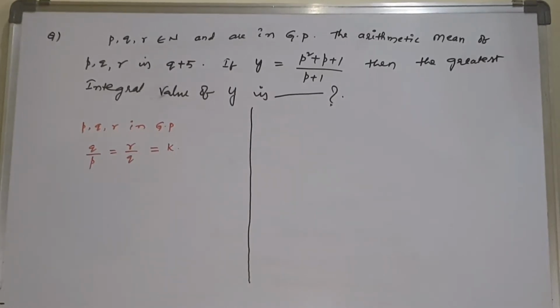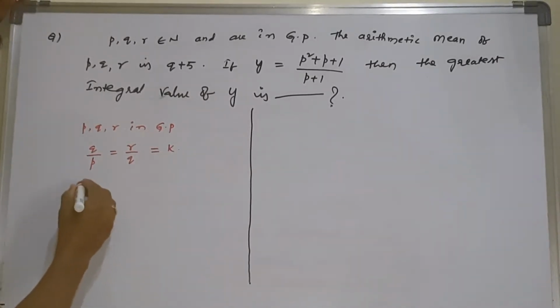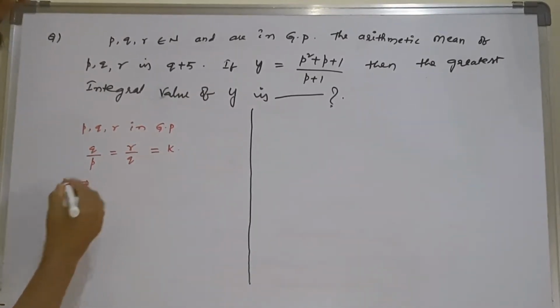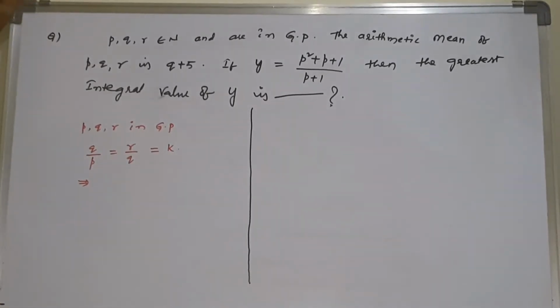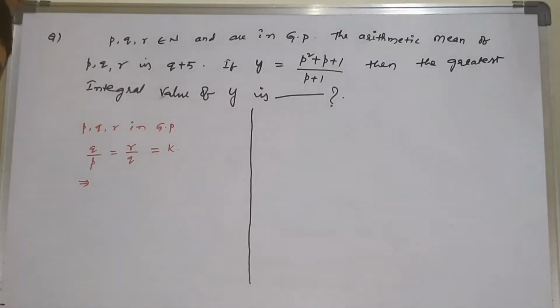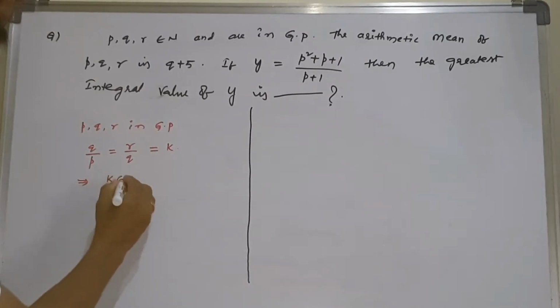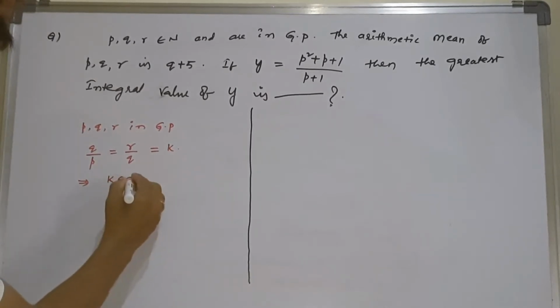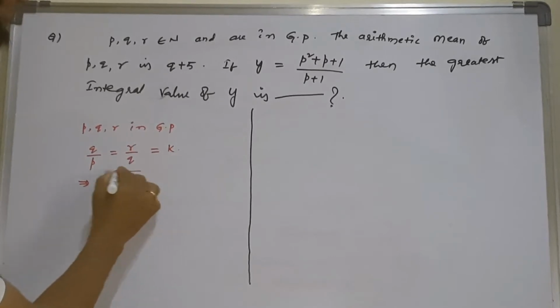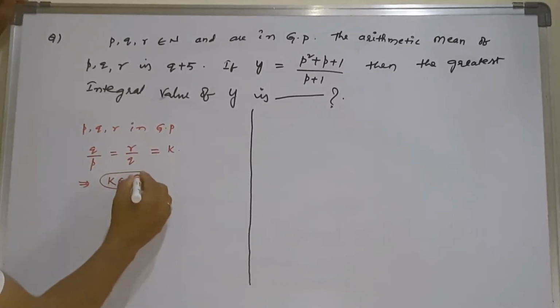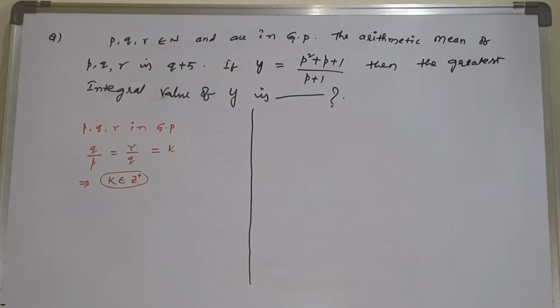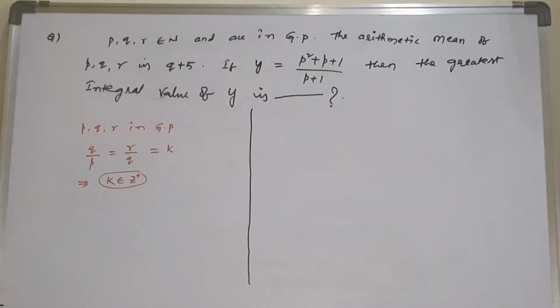Here P, Q, R belong to natural numbers. That implies I can conclude that K is an integer, and in fact a positive integer.